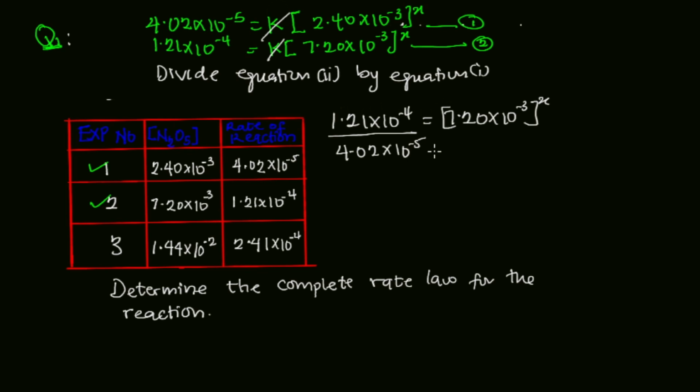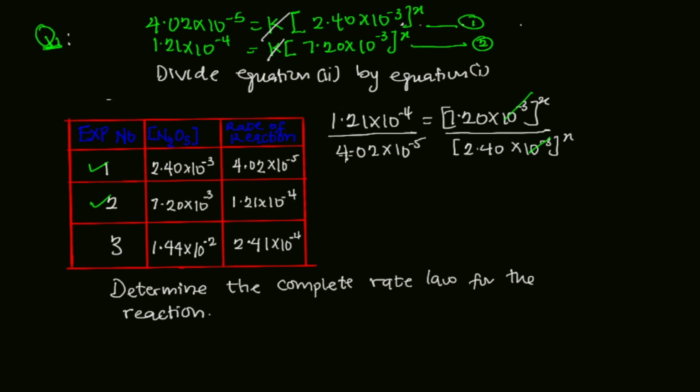This is also divided by 2.40 times 10 to the power minus 3. Now if you look at this very well, this 10 to the power minus 3 will actually cancel each other out. And at the same time, if we are solving this side, that's 1.21 multiplied by 10 raised to the power minus 4 divided by 4.02.